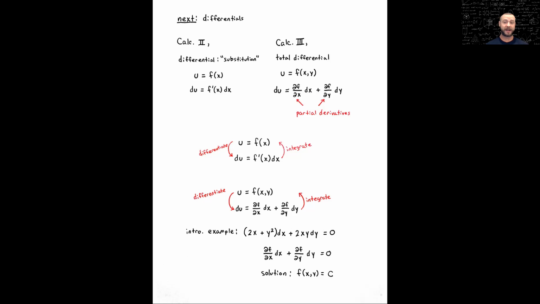Now the solution by itself is not the function of x and y, but the function of x and y equals some constant. And that constant's there because what differentiates to 0? A constant. This will all make more sense once we get to what partial derivatives are and start looking at an example of a total differential to relate it to one of our ODEs.